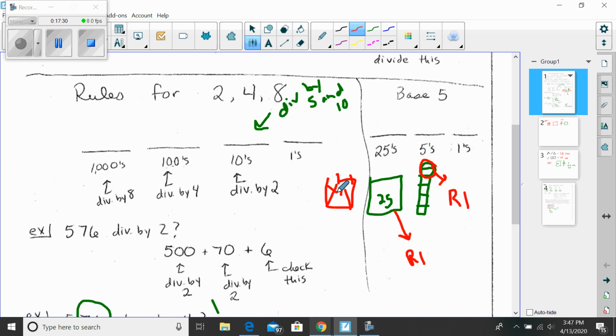So if I am in my base 5 numbers and I want to tell if a number is even or odd, I have to look and see if the sum of the digits is divisible by 2. If the sum of the digits is even, then that base 5 number is even. If the sum of the digits is odd, then that base 5 number is odd.